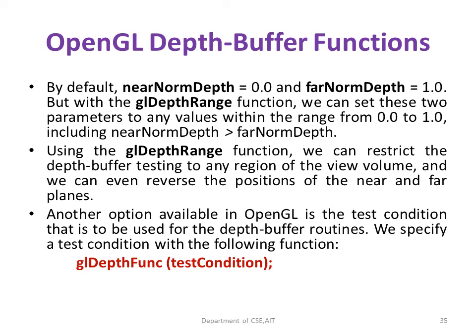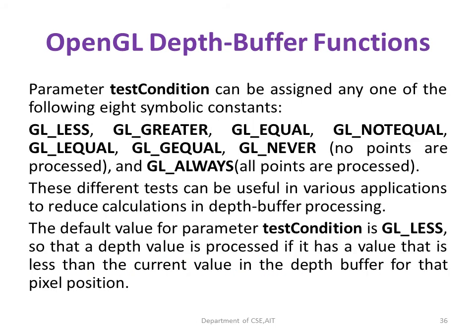Another API which is used for testing the condition for the depth buffer routine is glDepthFunc. The glDepthFunc will have a variable called the test condition. The parameter test condition can have any of these 8 symbolic constants.